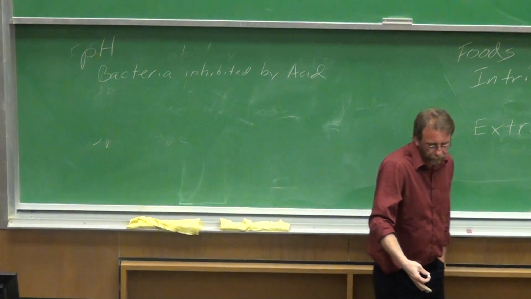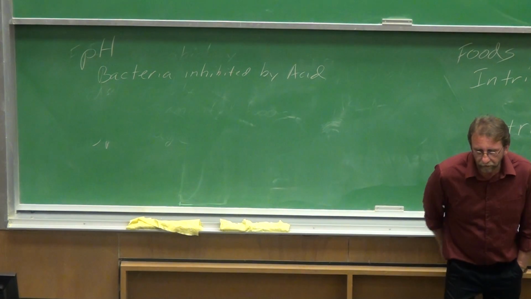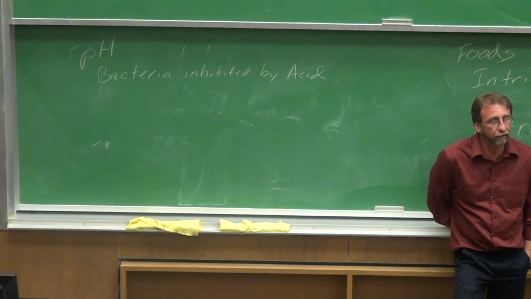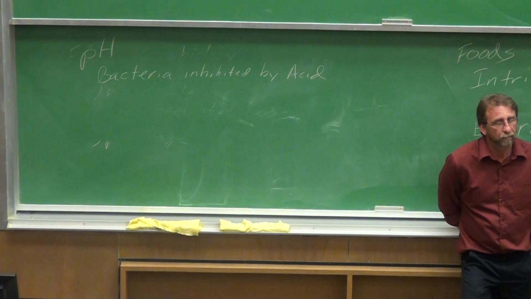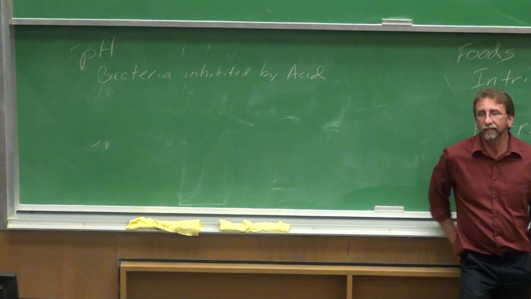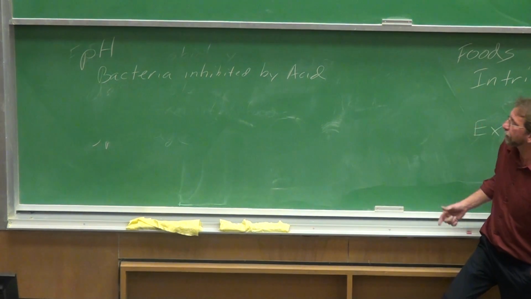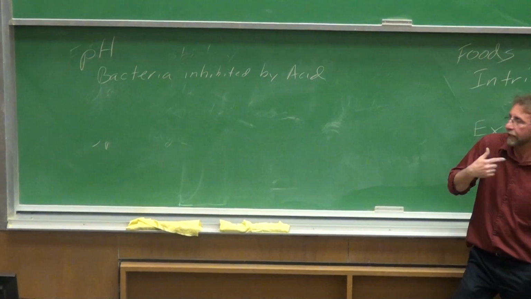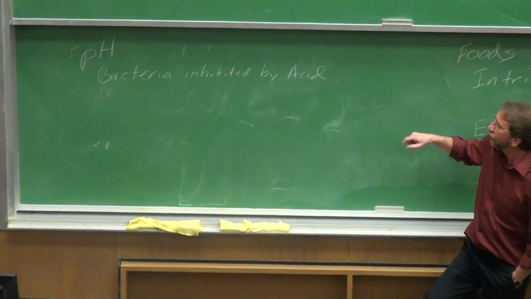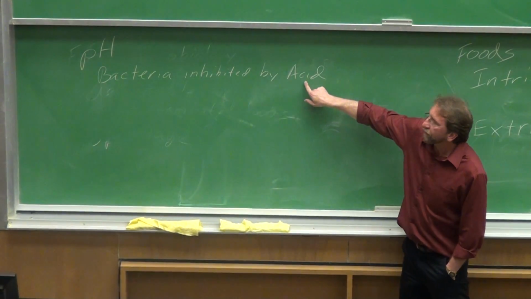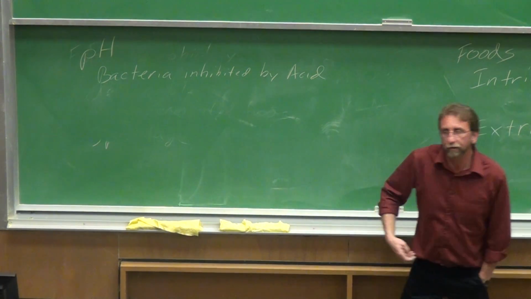There are exceptions to this, of course. We saw that some lactic acid bacteria actually prefer a more acidic environment. We'll see later on in the semester Streptococcus mutans and some oral bacteria prefer a more acidic environment. But generally, a more acidic environment is going to inhibit bacterial growth.